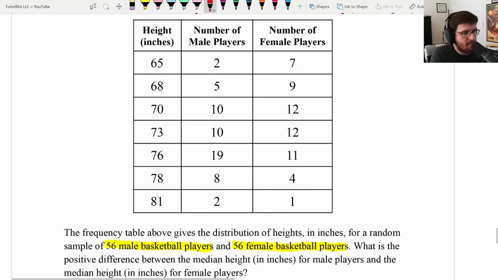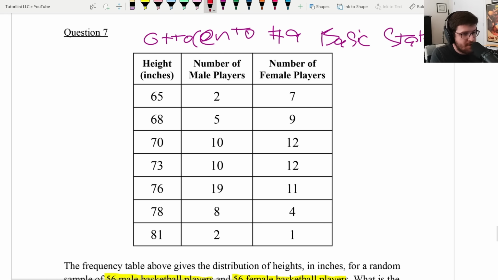So we're going to now use cumulative addition on each of them. Once we hit 28 or 29, we'll stop. If we get lucky, both numbers will be in the same row, so we won't have to do any extra math. So 2, that's not big enough, right? 2 plus 5, that's 7. 2 plus 5 plus 10, that's 17.